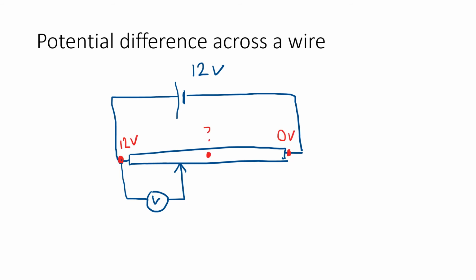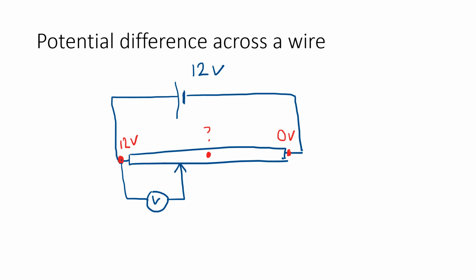So what we need to do is look at the potential at different points along the wire to see how that varies. On the left hand side of the wire, we can identify a point where the potential would be 12 volts. And on the right hand side of the wire, we can identify a point where the potential would be 0 volts. So as we move this slider across from left to right, the reading on the voltmeter would increase from 0 volts to 12 volts.